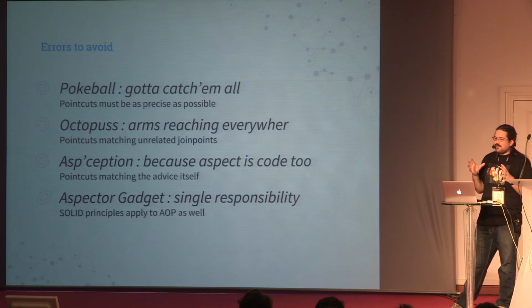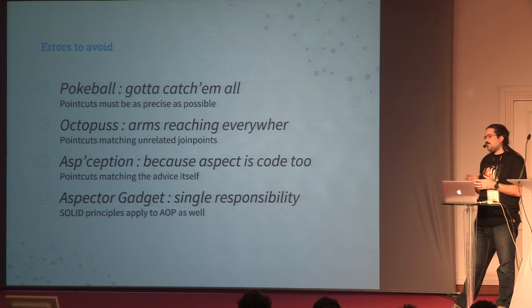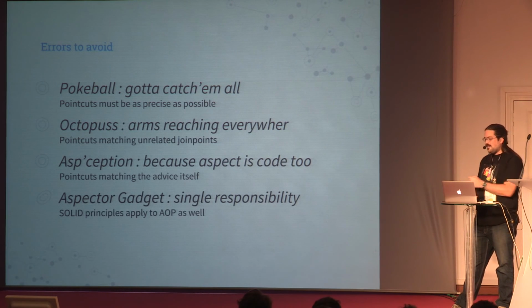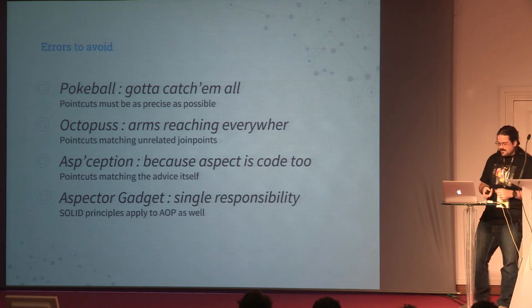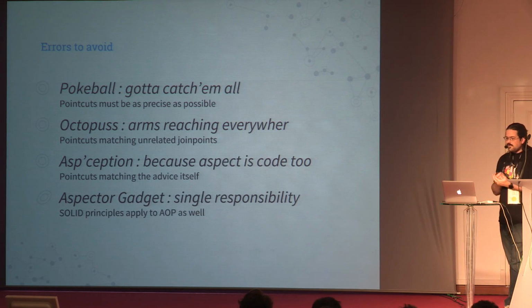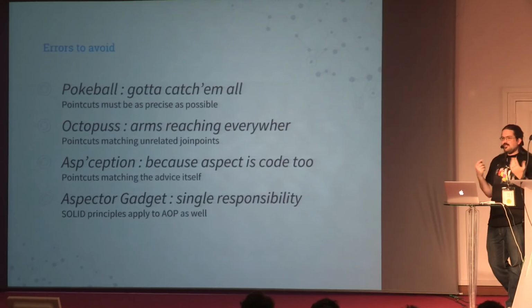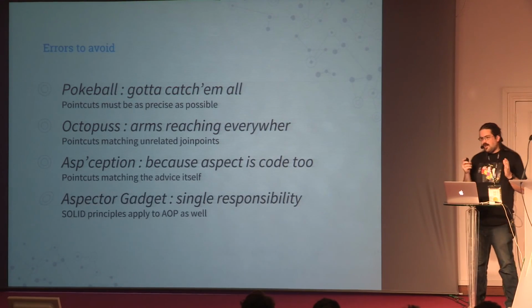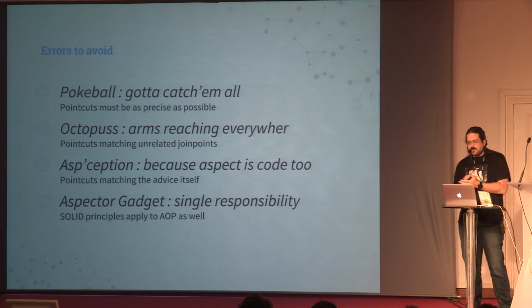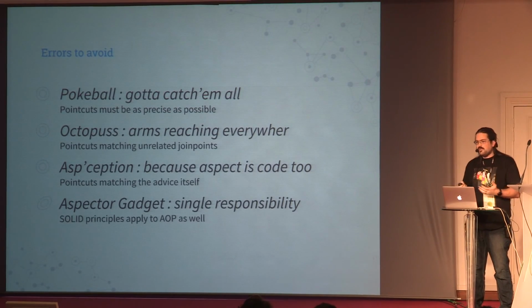Aspects are Java code too, so a method inside an aspect can be found by the pointcut. So you can have an advice running on itself, and then you get a stack trace exception. Also avoid an aspect class which does too many different things. You can have one aspect class per thing you want to do.